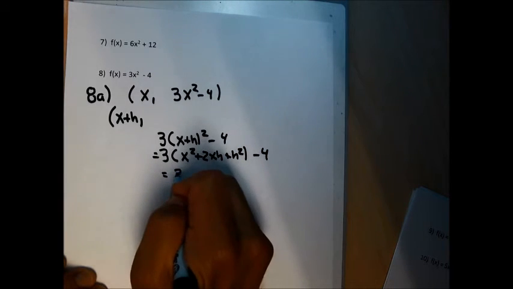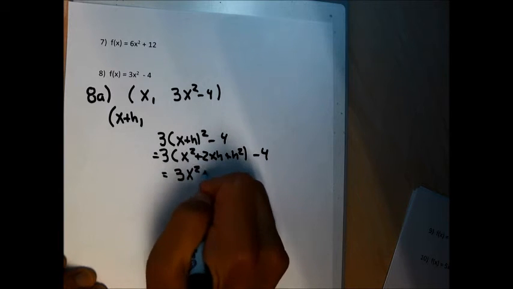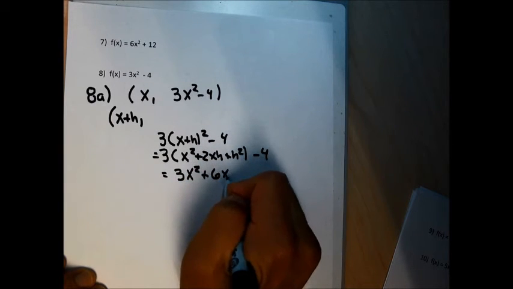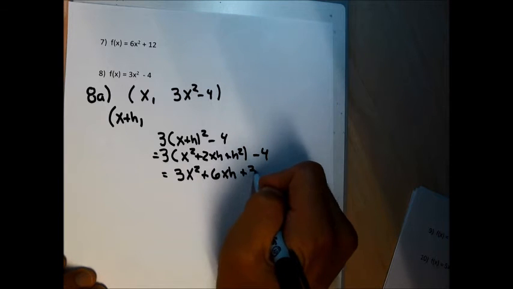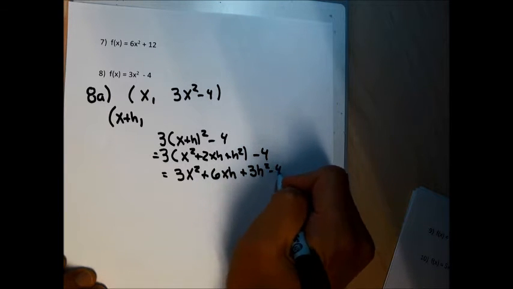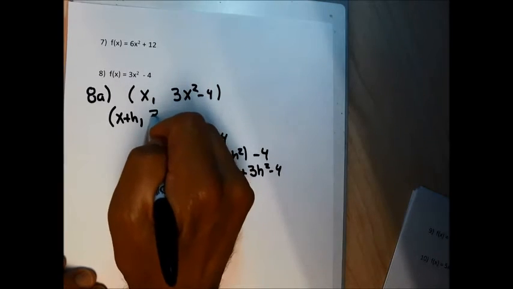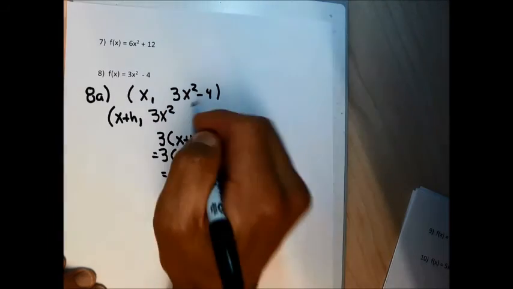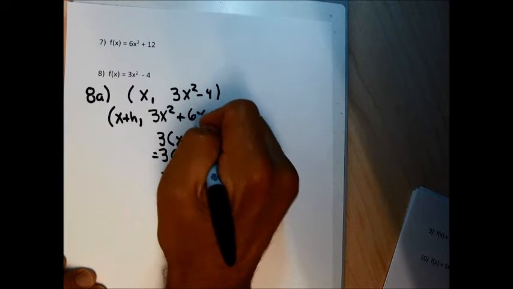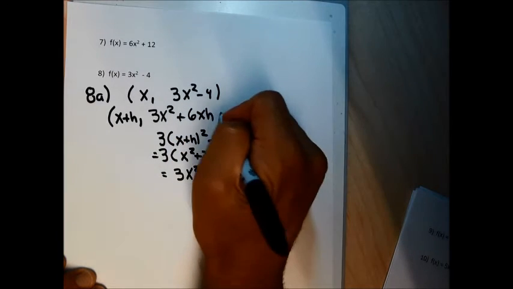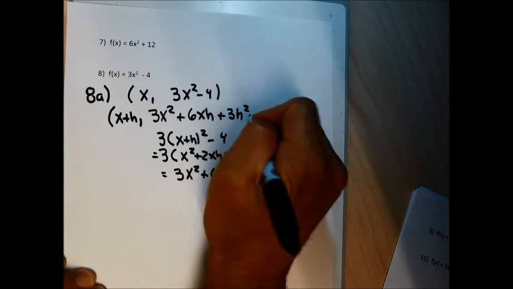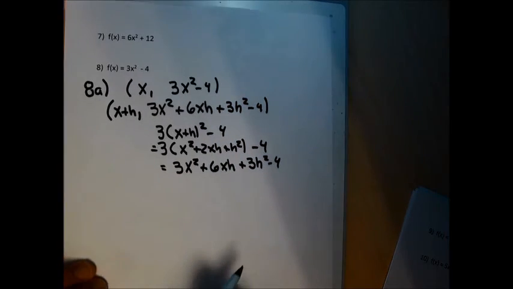That's going to be 3x squared plus 6xh plus 3h squared minus 4. That's my y2. So my y2 is going to be 3x squared plus 6xh plus 3h squared minus 4. Now I'll find the derivative.